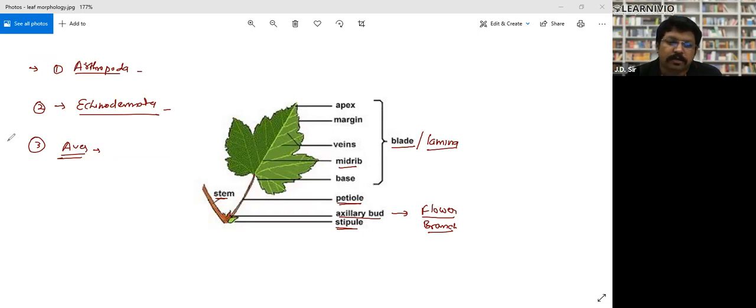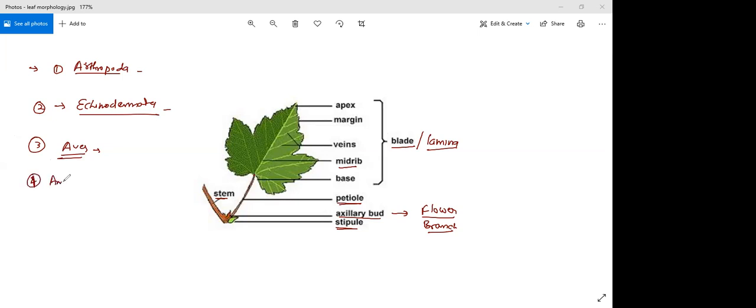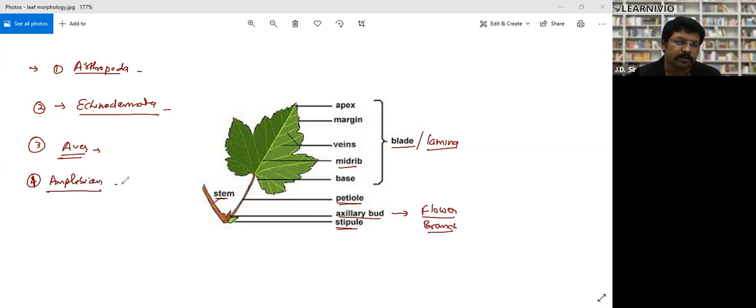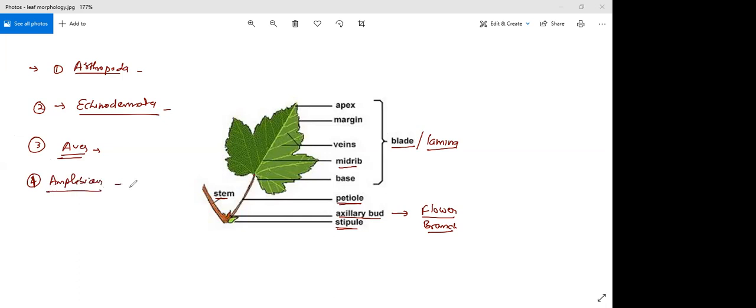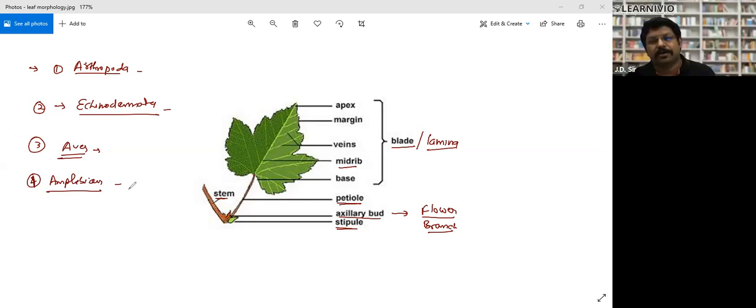What about the ear system of amphibians? Do they have an ear or not? If yes, then what kind of ear? They have an ear, very good. And what kind of ear?